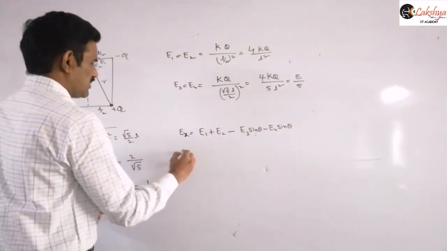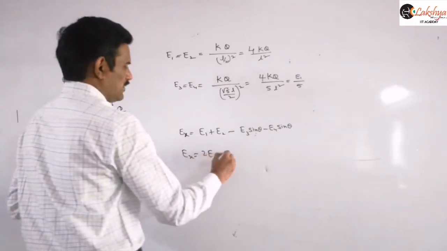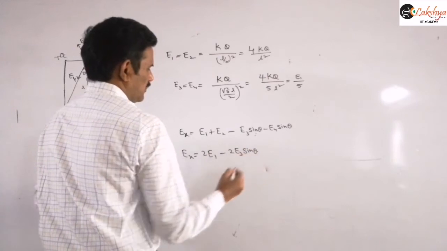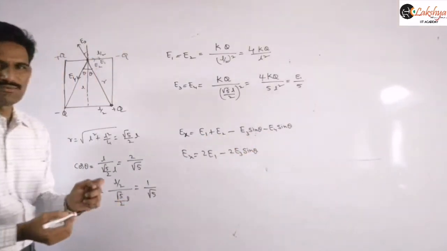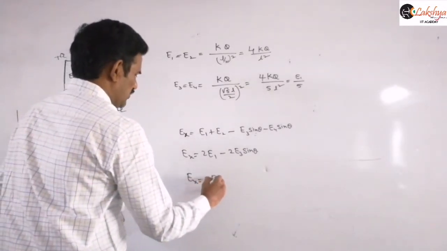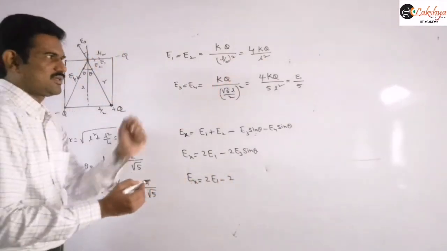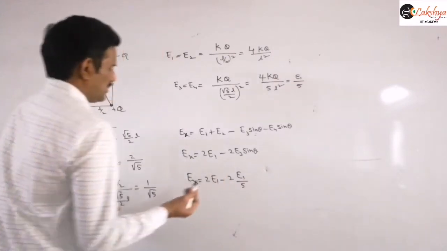So this we can further simplify as 2E1 minus 2E3 sin theta. E1 and E2 are equal, I am replacing them, and E4 and E3 are also equal in magnitude. So therefore Ex is equal to 2E1 minus 2 times E1 by 5 into sin theta.